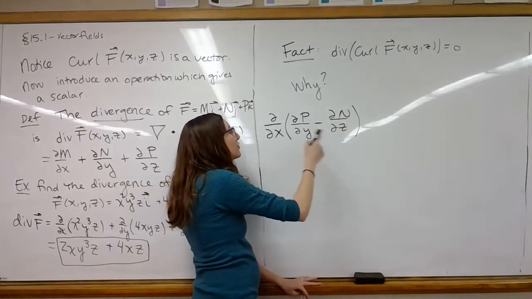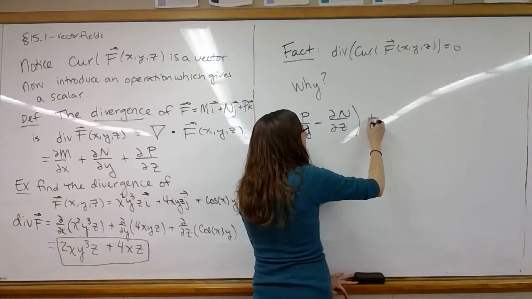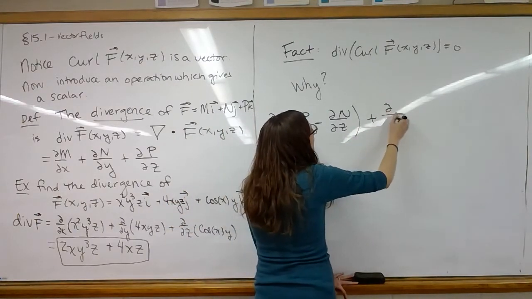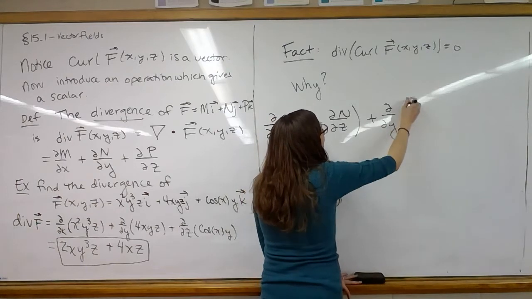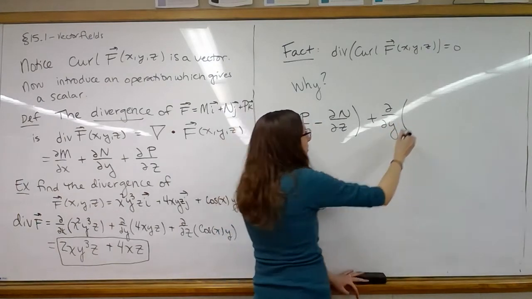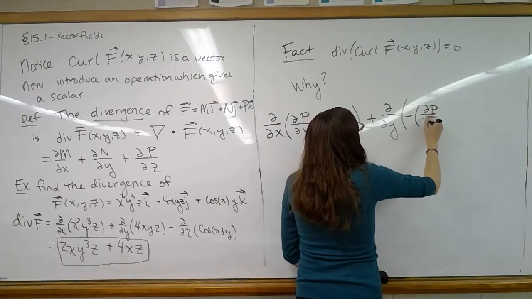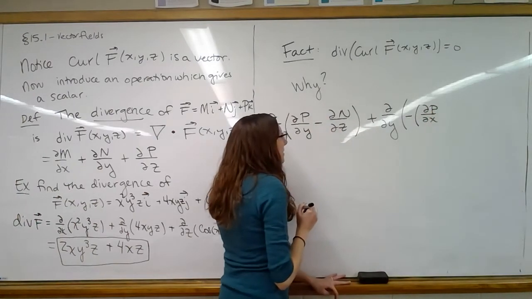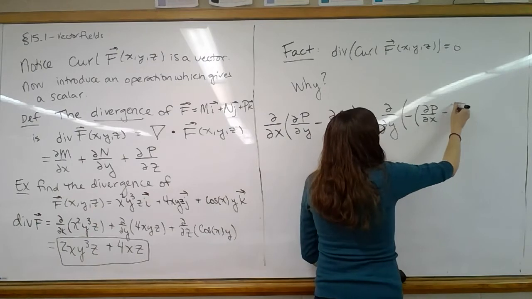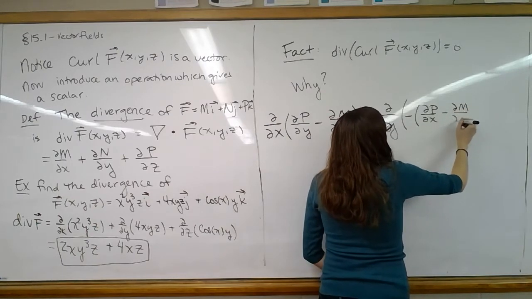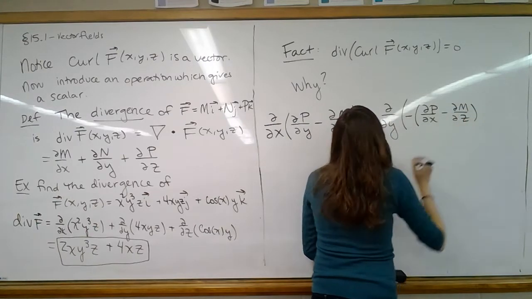This is then going to do plus the partial with respect to y of the j component, which was negative the partial of p with respect to x minus the partial of m with respect to z.